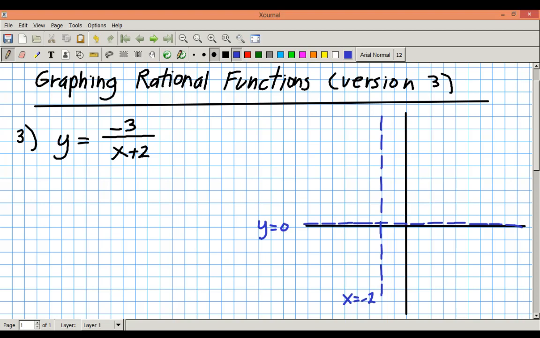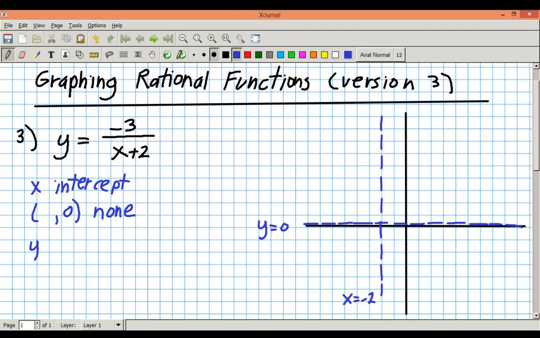Okay, so we want to find x and y-intercepts. Let's start with the x-intercepts. The x-intercept, remember, is where y is 0. If you look at the fraction, y will be 0 when the top of the fraction is 0. The top of the fraction will never be 0, so there is no x-intercept.